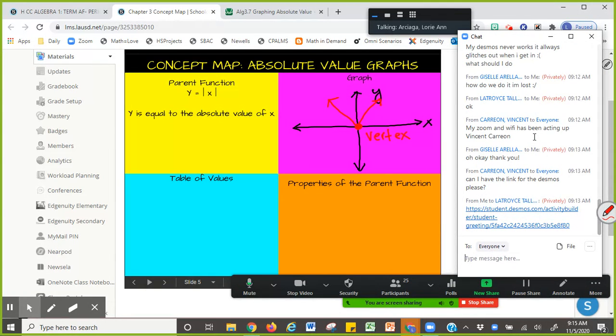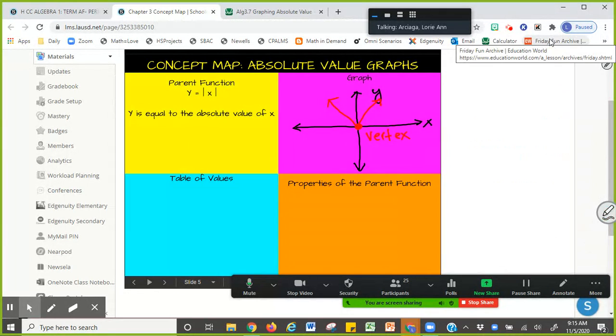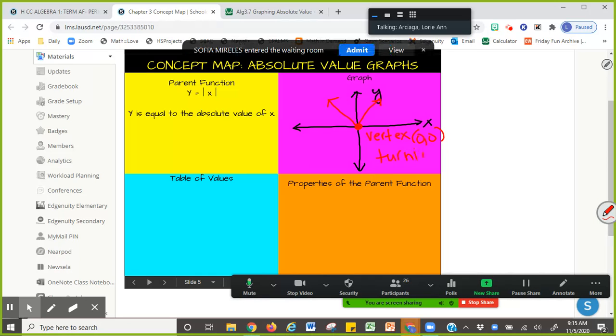Okay, let me pull up the chat on my Chromebook so I can see you message me. Because right now, my laptop is using the Desmos and the graphic organizer. Okay, so the vertex is actually your turning point. Now, what do I mean by turning point?